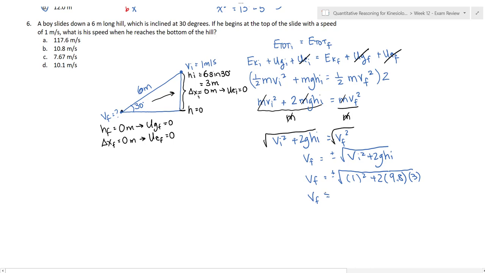Square root of 1 squared plus 2 times 9.8 times 3, and I get 7.73. And my units would then be meters per second. All right, so the correct answer is D.